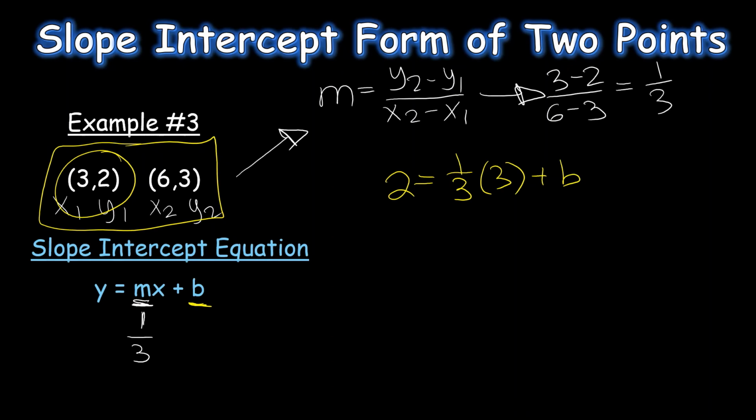Now we just have to simplify this to find our b. So we have 2 equals, and then 1 over 3 times 3 will be 1 plus b. We simplify this further by subtracting 1 from both sides. So 1 minus 1 is 0, 2 minus 1 is 1. So our b is 1.